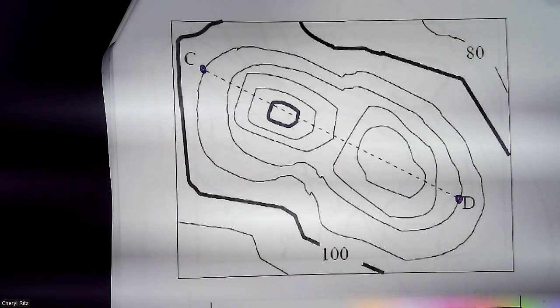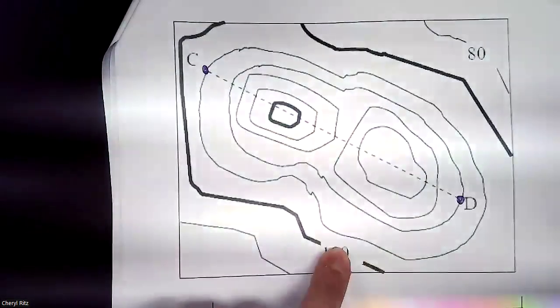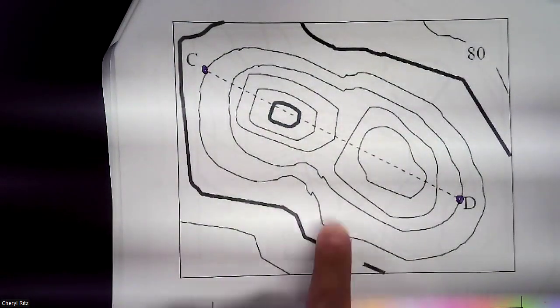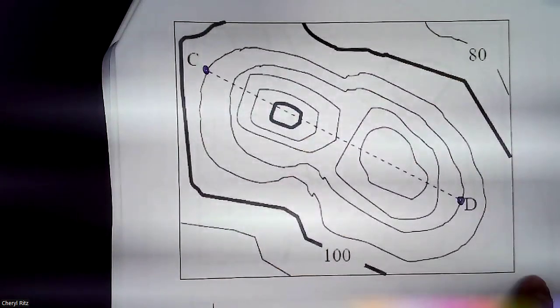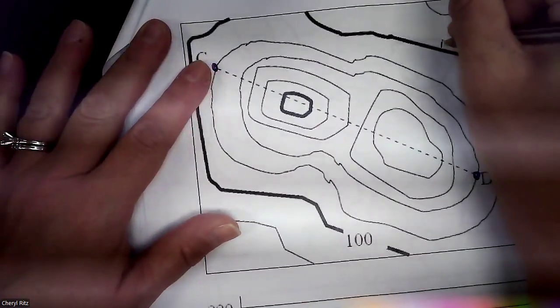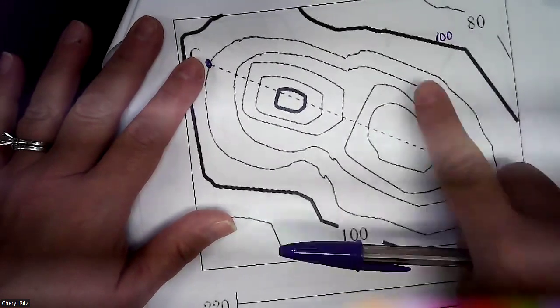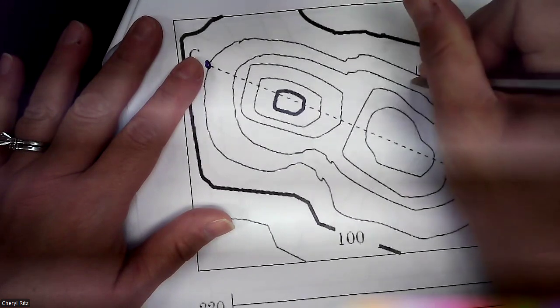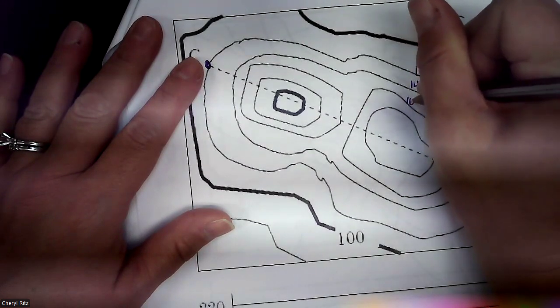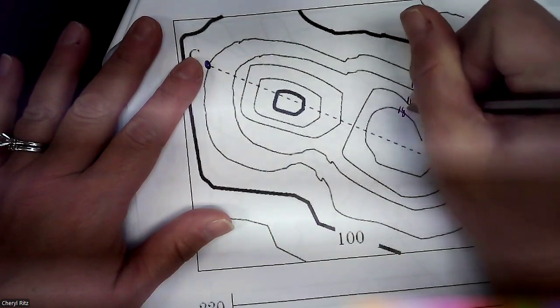Okay. Step 1, determine the contour interval and write it in for each line. They labeled an 80 and they labeled a 100. Here's the 80. They labeled 100 down here. Can you see that this black line is the 100 all the way around? So here is 100. What's this line? 120, 140, 160, 180.